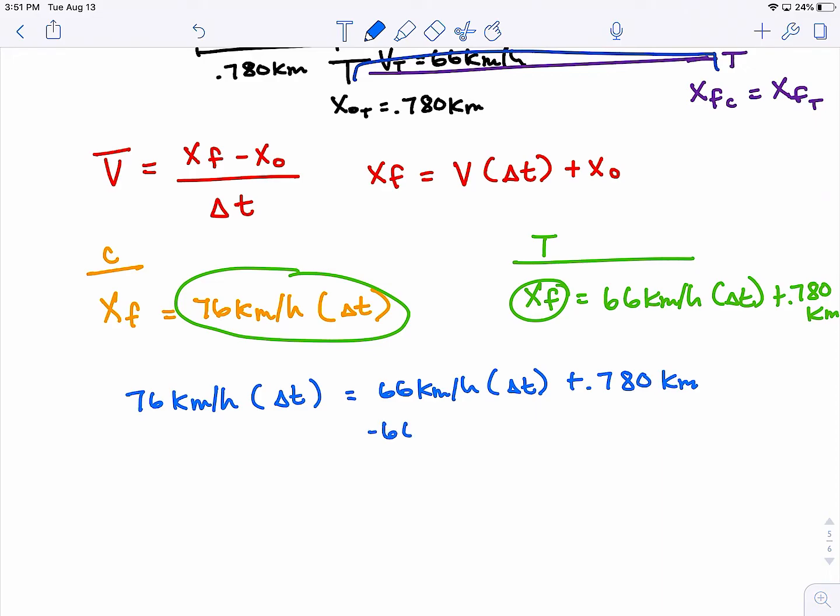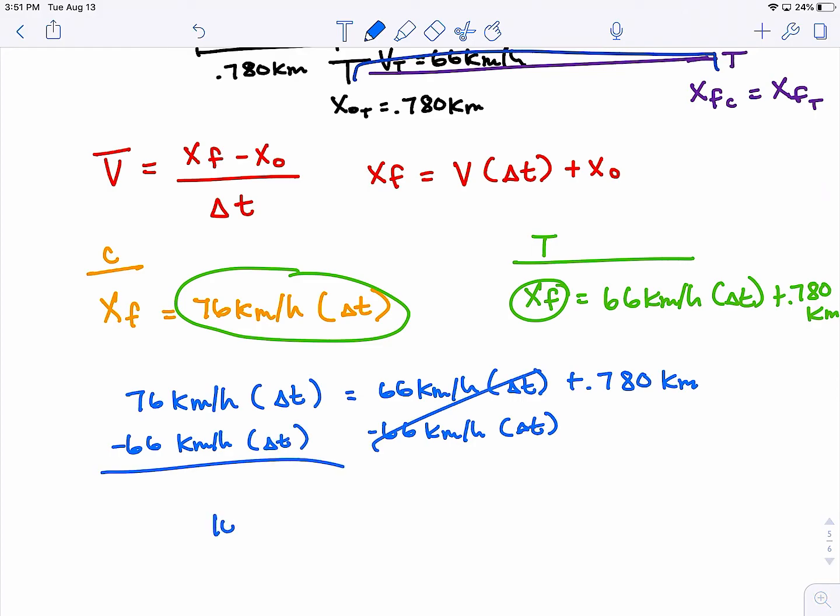So I'm going to subtract both sides by 66 kilometers per hour times delta t. All right, and so that's going to give us 10 kilometers per hour times delta t equals 0.780 kilometers.